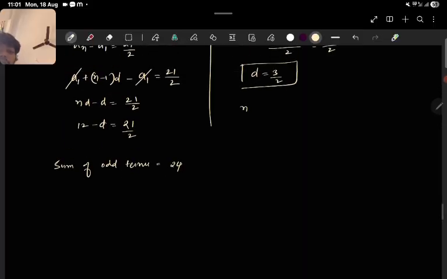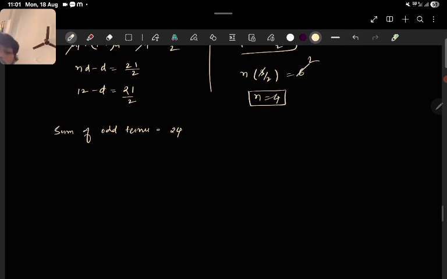The value of n into 3 by 2 is equal to 6, so n is equal to 4. Here we are taking the odd terms, so 4 by 2 times 2a plus 4 minus 1 into 3 by 2 is equal to 24.